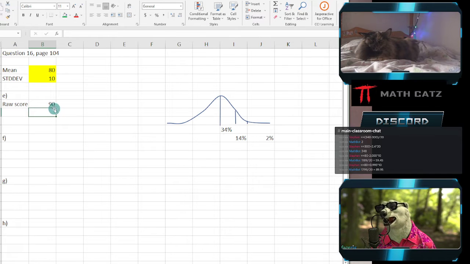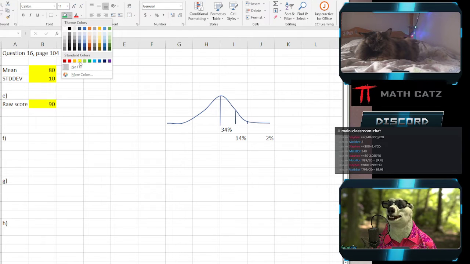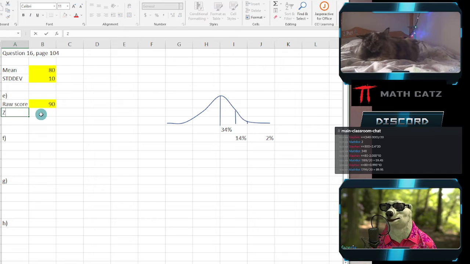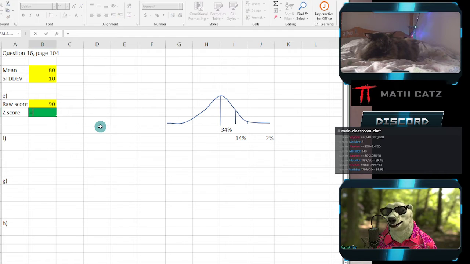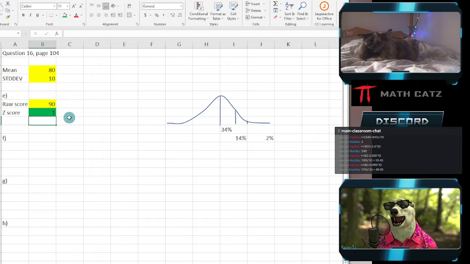Then I'll calculate, right, 90. And then the corresponding z-score, we'll do a calculation there. And that'll be the same as before. Raw score minus mean, all of that divided by standard deviation. And I get a 1, which makes total sense. It's one standard deviation step away from the mean.